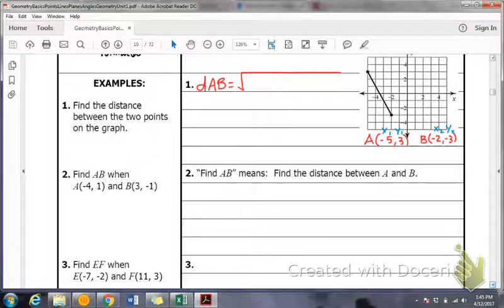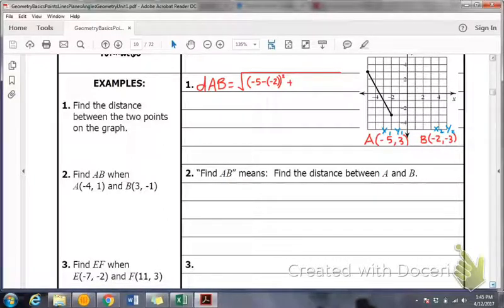And remember it says x1 minus x2. So I have -5 minus -2. Be really careful there. It's already subtraction, so it's -5 minus a -2.